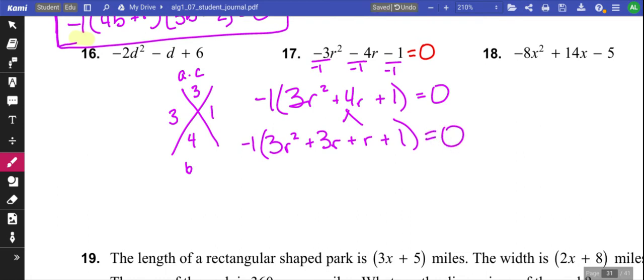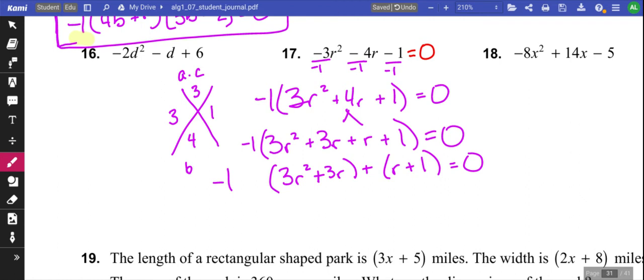Okay, because now we want to group. And again, I'm just going to leave this -1 over here to the side. I'm kind of ignoring it for now. So I get 3r squared plus 3r, and then a group of r plus 1, all equal to 0.